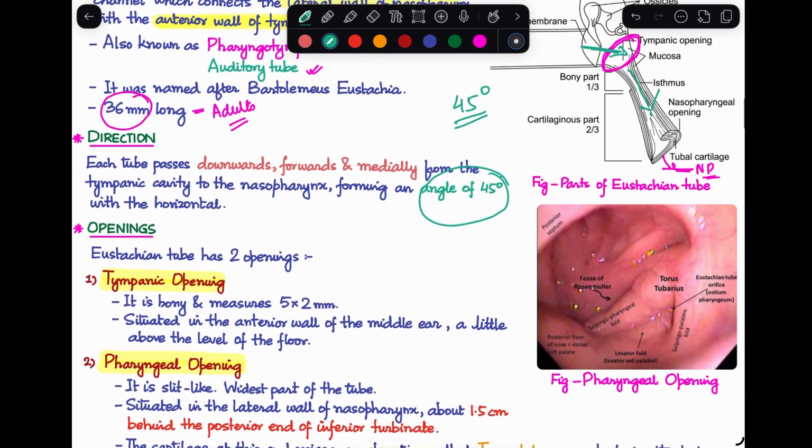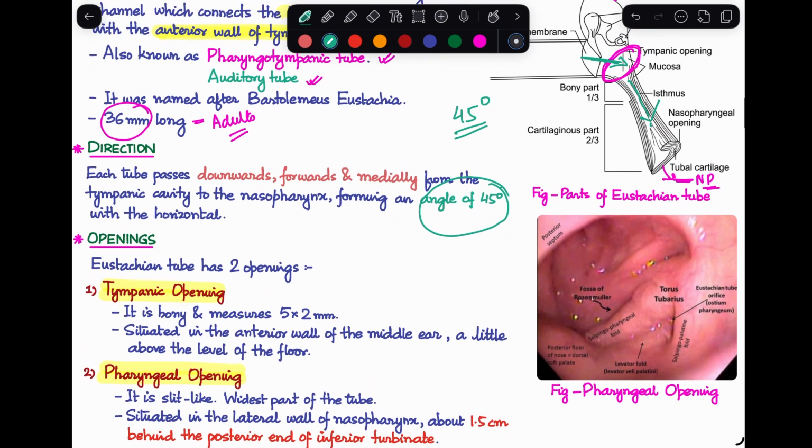Next, what are the two openings of the Eustachian tube? As I mentioned, because it's connecting the nasopharynx with the tympanic cavity, we have our tympanic opening and then we have our pharyngeal opening. So this here is our tympanic opening, right? The tympanic opening is bony in nature and it measures about 5 by 2 millimeters.